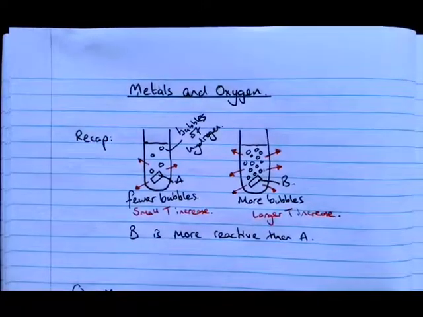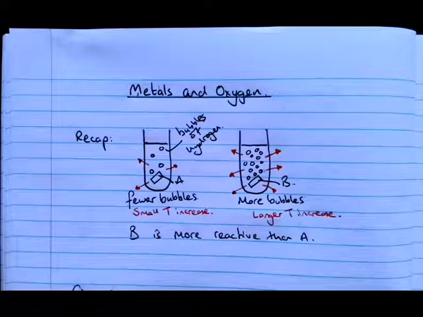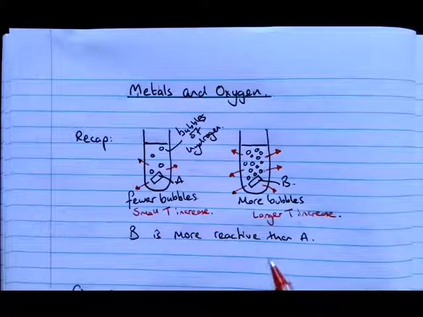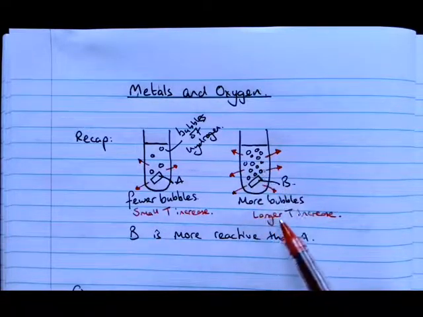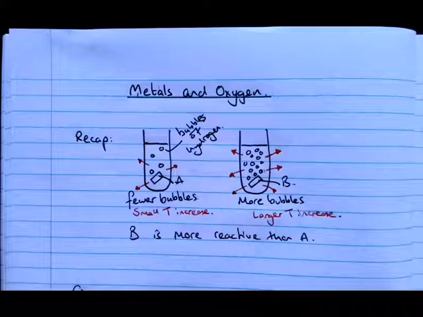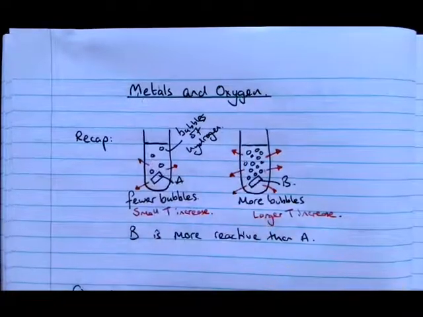Now, if I have a temperature increase, what kind of reaction is that? Is that exothermic or is it endothermic? Correct, exothermic. So these are exothermic reactions. With a more reactive metal, we're going to see more bubbles and we're going to see a larger increase in temperature.